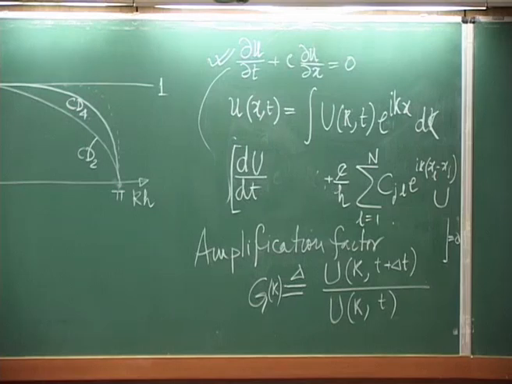You can very clearly see that in the limit of continuum, when we take delta x equal to 0, delta t equal to 0, this g should be equal to 1. It is easily seen, right?